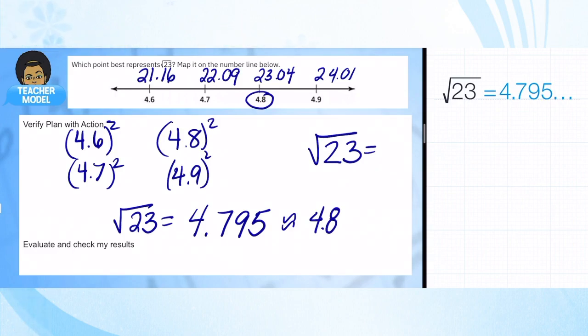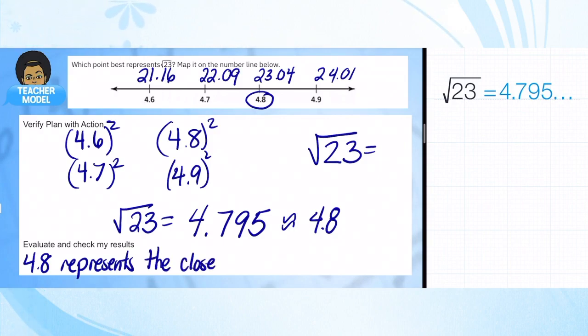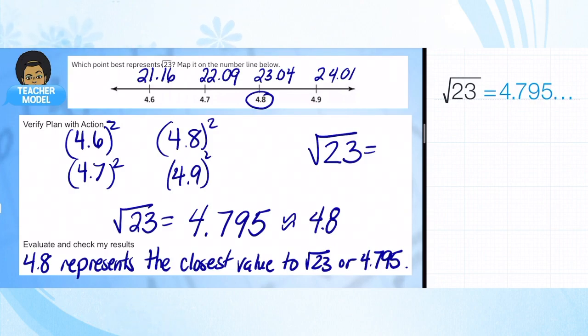So let's put it on the map. 4 and 8 tenths represents the closest value to the square root of 23, or 4.795. And there you go, math marbles.